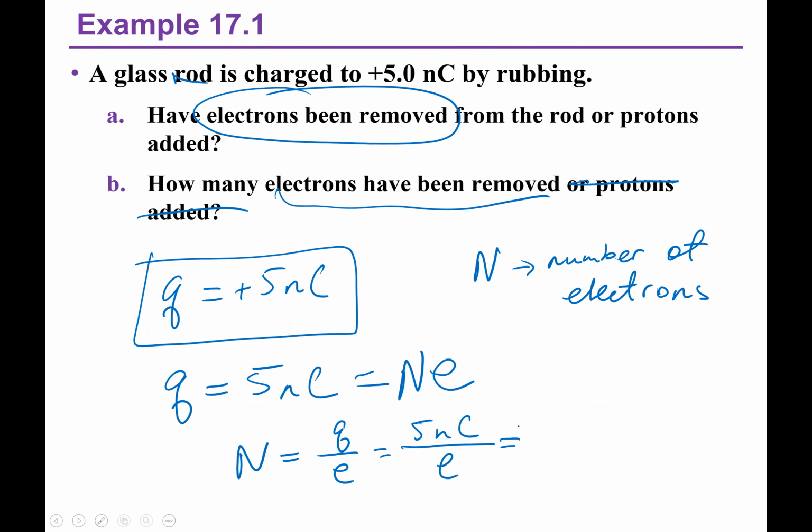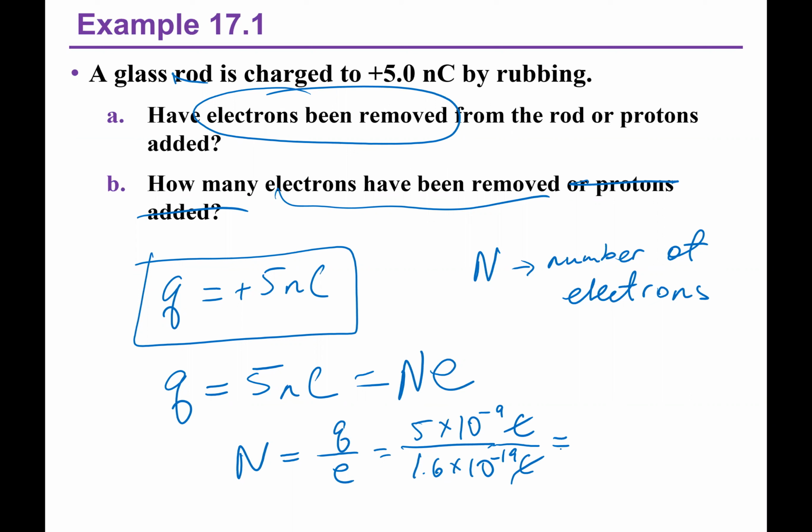Well, remember, nano stands for 10 to the negative 9. So you actually have to write 10 to the negative 9 coulomb divided by the fundamental charge, and that's 1.6 times 10 to the negative 19 coulomb. See, the coulomb cancels, so what you get here is some kind of number.